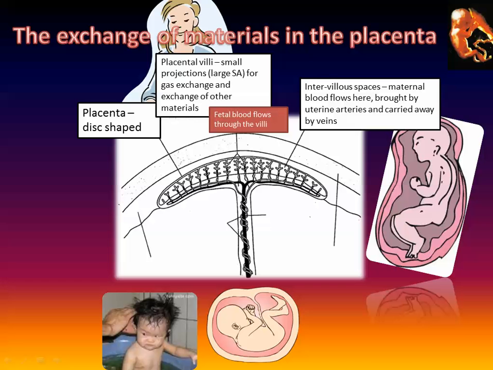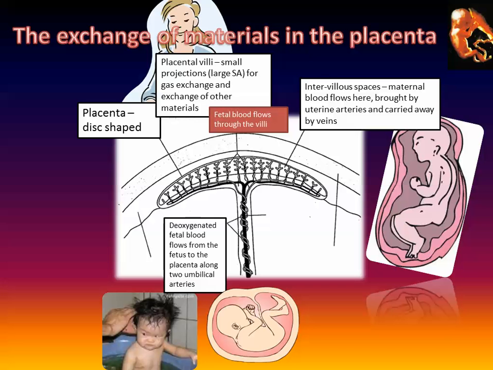The spaces between, the maternal blood will flow. So it's like these tubes that allow the fetal blood to flow through, but they're really long, thin tubes, finger-like, and they allow a lot of surface area for the fetal blood to interact with the maternal blood without actually mixing. Okay.